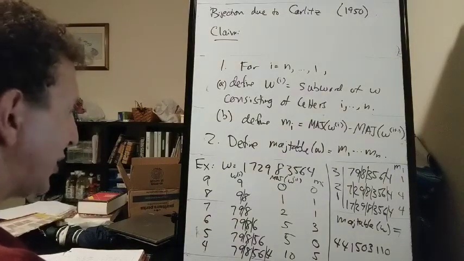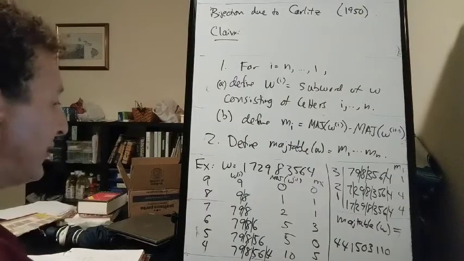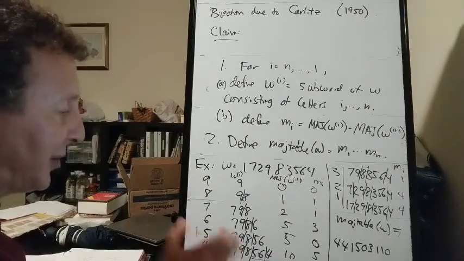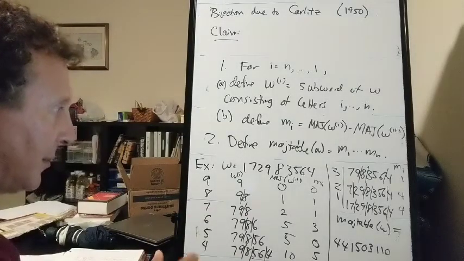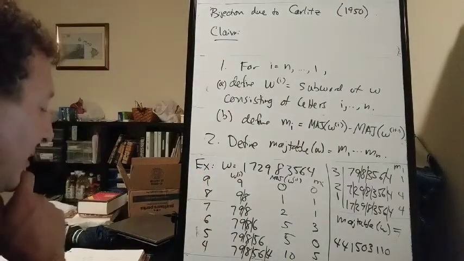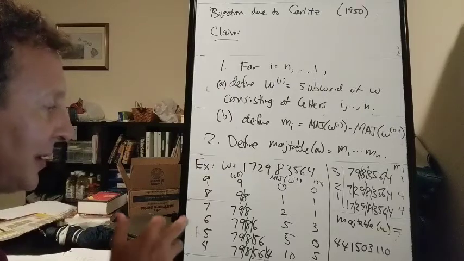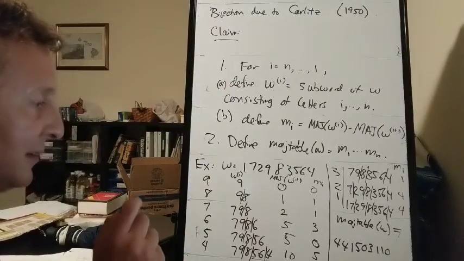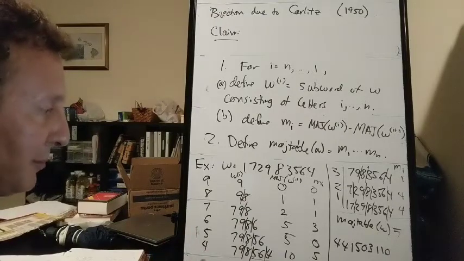But we need to show that if there's P ways to insert a new letter, then we want the major index to go up by 0, 1, 2, up to P minus 1.